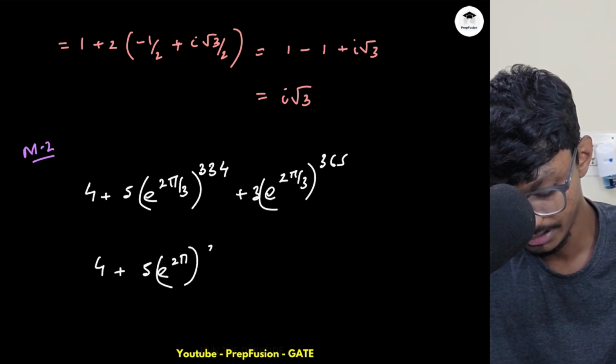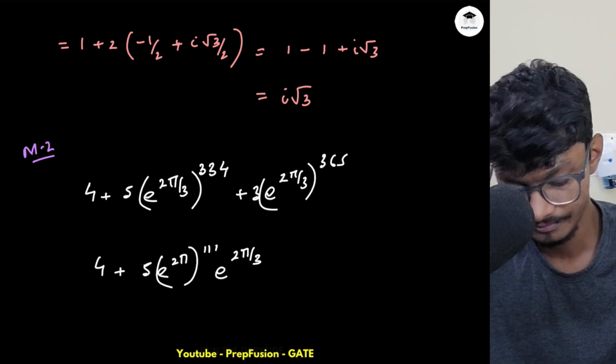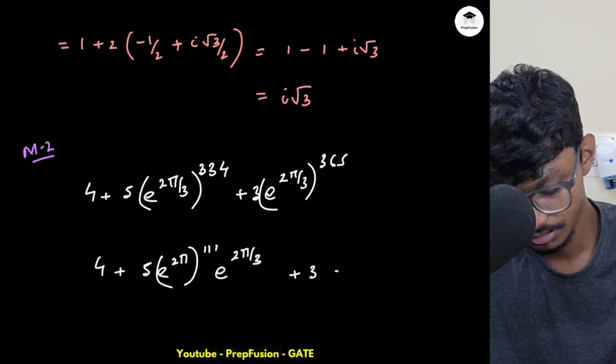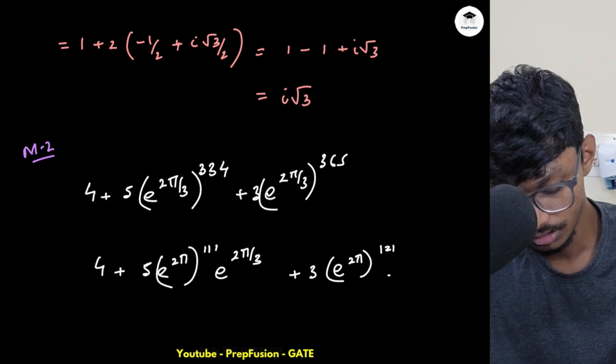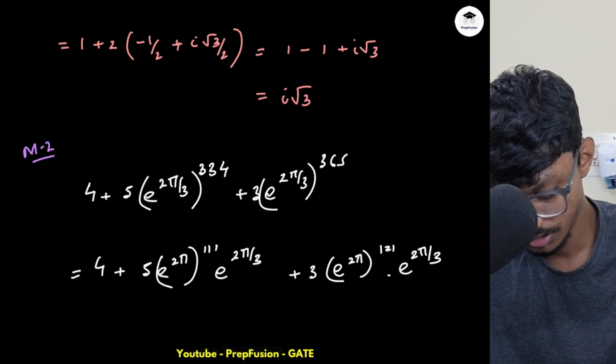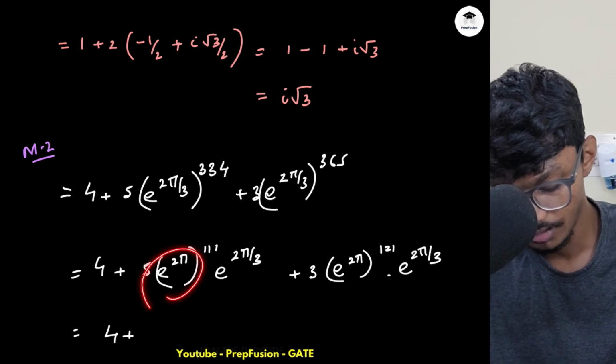and 1 by 3 I can write as here. It will be 1 into e raised to power 2 pi by 3. That's the remainder. And here also the same thing, e raised to power 2 pi into 1 into e raised to power 2 pi by 3. So this will become 4 plus 5 into e raised to power 2 pi by 3.